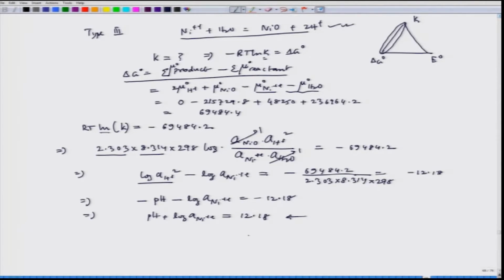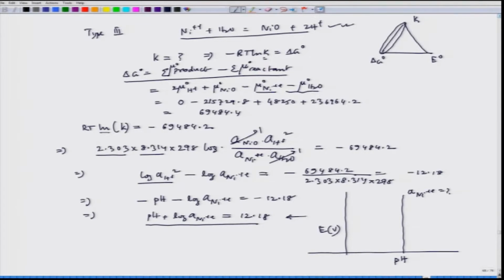Now, once we know this equation, we can also plot this on E versus pH for a particular activity of Ni plus plus ion. So, this is the pH axis, this is potential. Since here we do not have any potential value, this particular reaction would be parallel to the potential axis, because it is a potential independent reaction. So, it will be a line parallel to the potential axis, where of course the activity of Ni plus plus ion is to be mentioned.